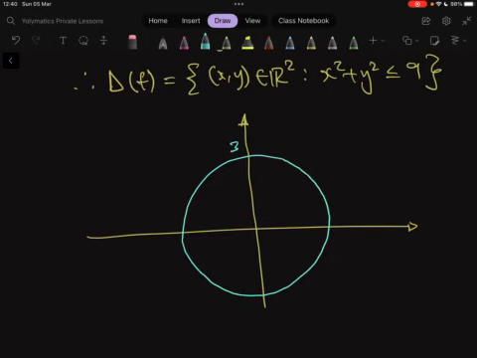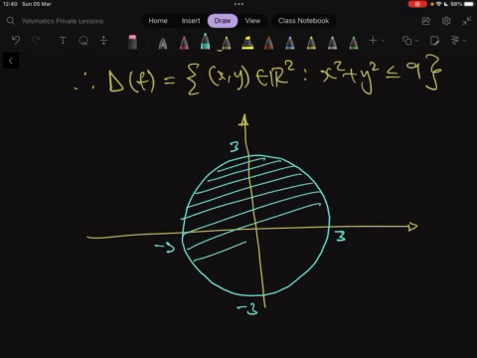So here we have 3, minus 3, minus 3, 3. You see, it shows that we need all points where x squared plus y squared is less than 9. In other words, we just need all points that reside inside this circle. So the domain that we're looking for is everything that lies in the interior of this circle, like this.